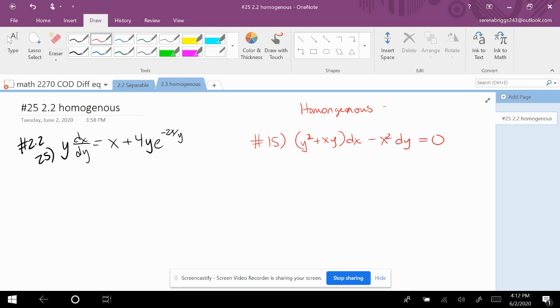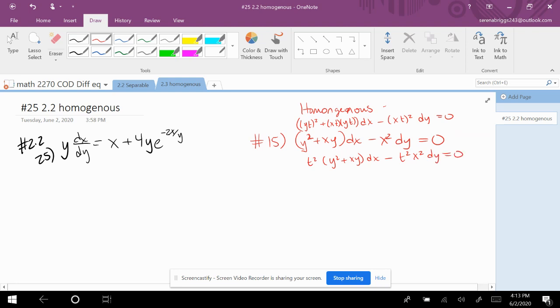Differential equation. And the reason I know that to be true is if I were to substitute yt everywhere I see a y and xt everywhere I see an x, and do that here too, I'm going to see that I end up with a t squared times y squared plus xy, and a t squared times x squared here.